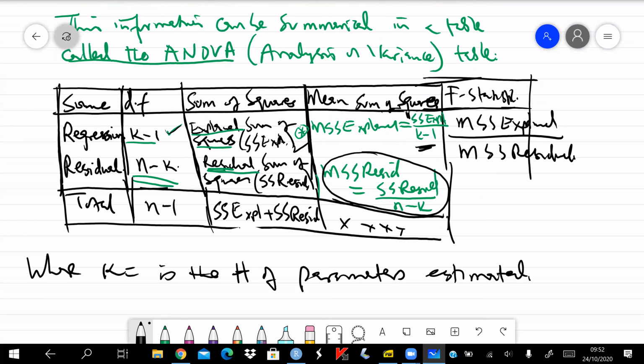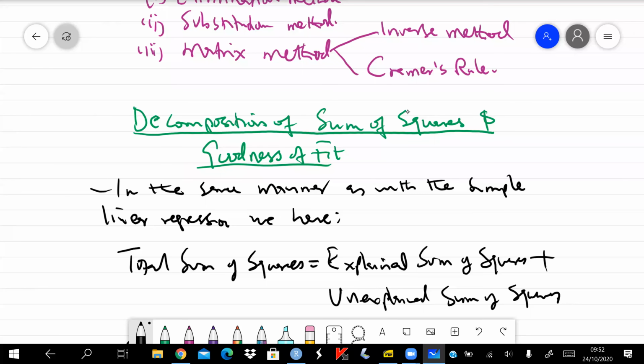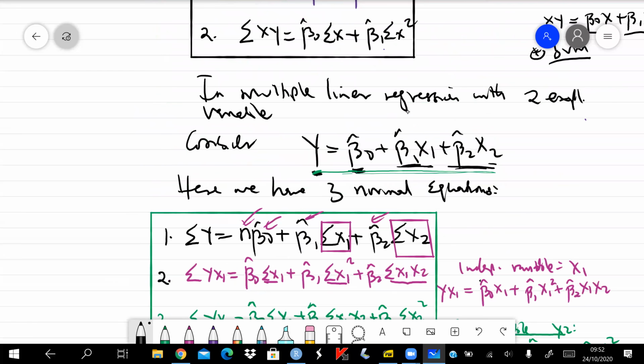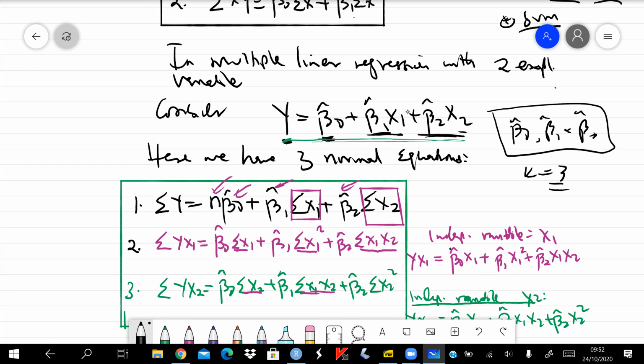When you're given a model like this, you notice that this model here has 2 explanatory variables, and there are 3 parameters that have been estimated. Here we have estimated beta naught, beta 1, and beta 2. So in this case, K is equal to 3.